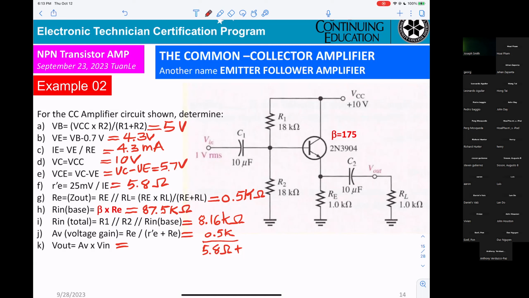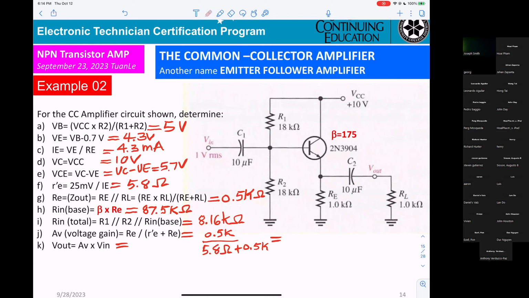AV. What does the gain equal? Is it 0.98? I think so.